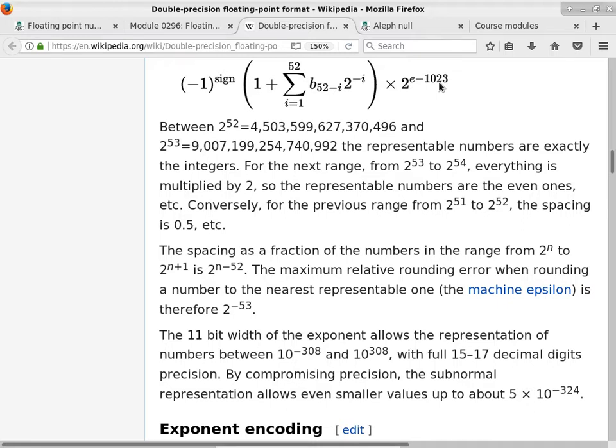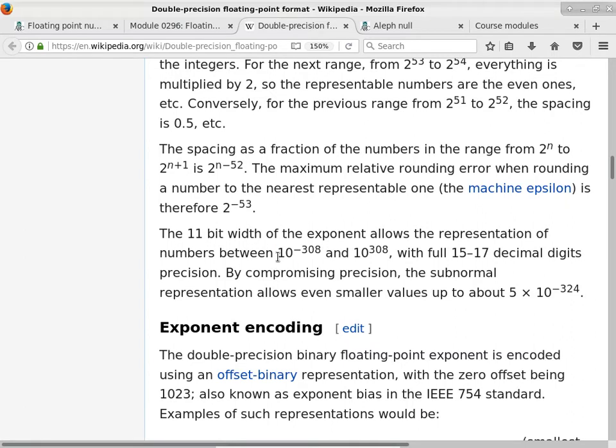How small is that number? Pretty small, okay? And 2 to the power of 1024 is also a pretty big number. So here, they give you a conclusion.